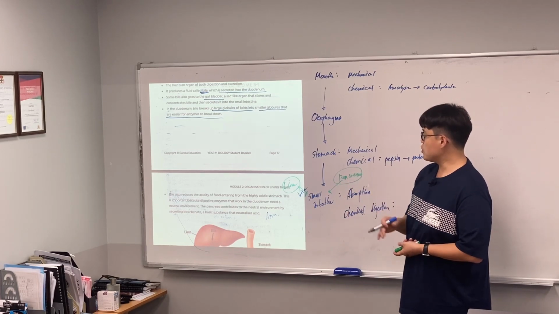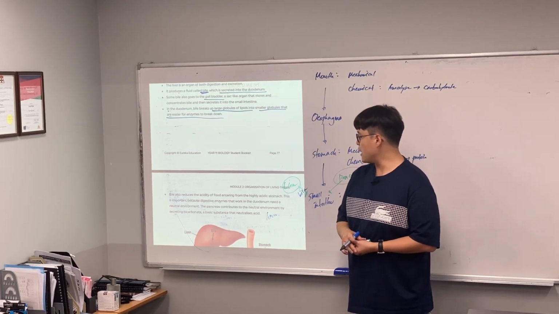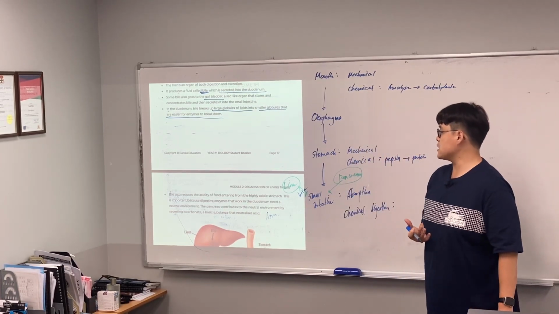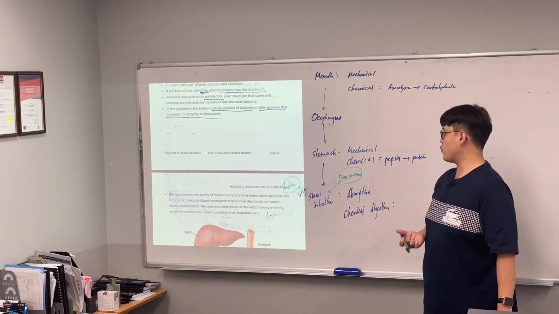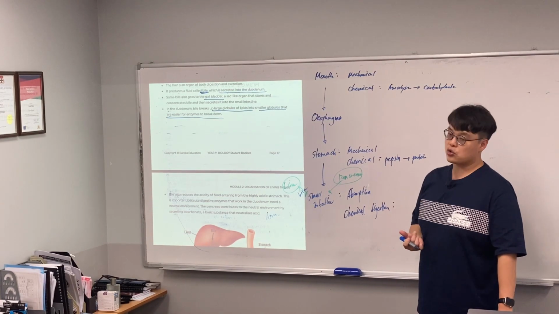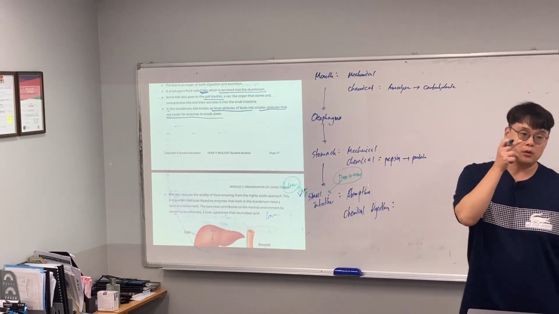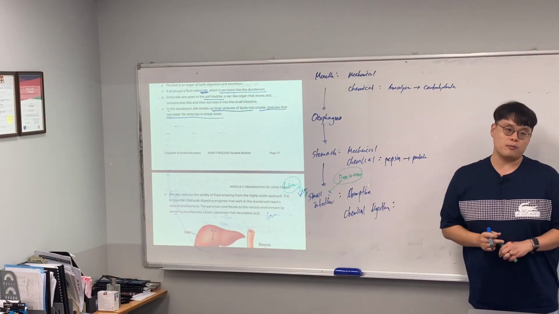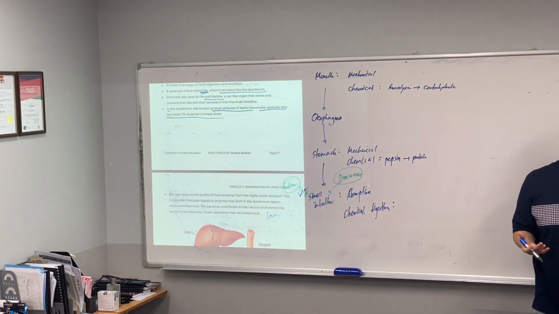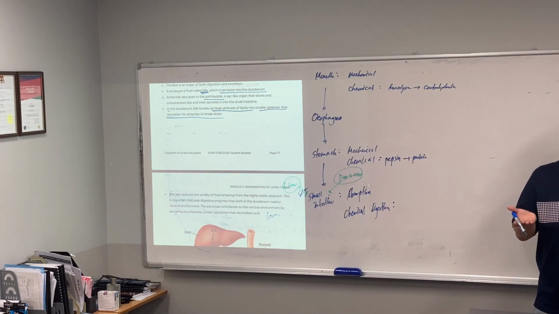The bile also reduces the acidity of the food entering from the highly acidic stomach. This is important because the digestive enzymes that work in the duodenum need a neutral environment. So, for your question, pepsin prefers the acidic environment, like the stomach. Except for pepsin, the others prefer a neutral environment.